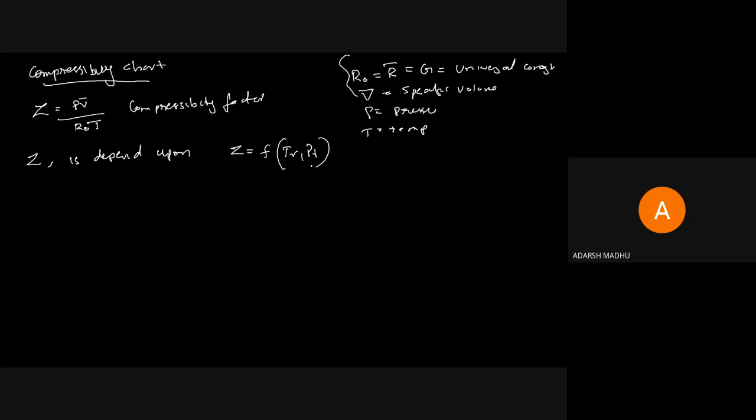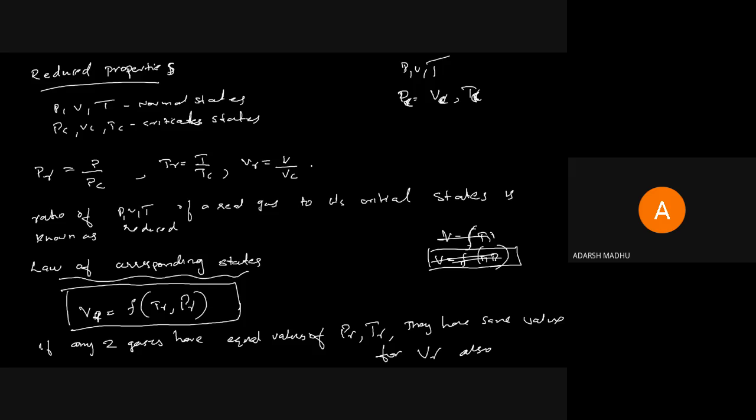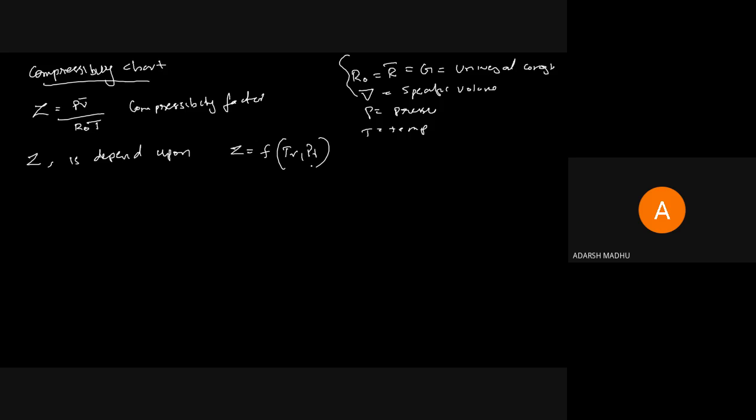This is the theorem behind this chart. That is, Z is a function of TR and PR. For the law of corresponding states, we studied that volume VR is a function of TR and PR, and here also, for any gas, Z is a function of its reduced temperature and pressure.